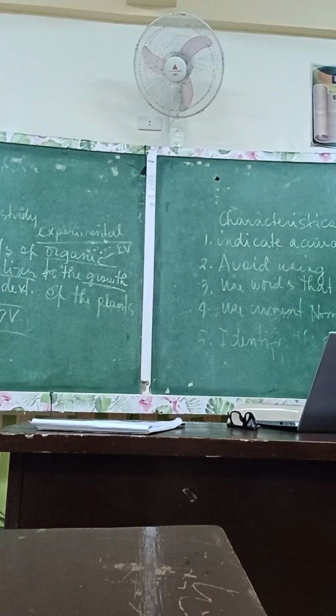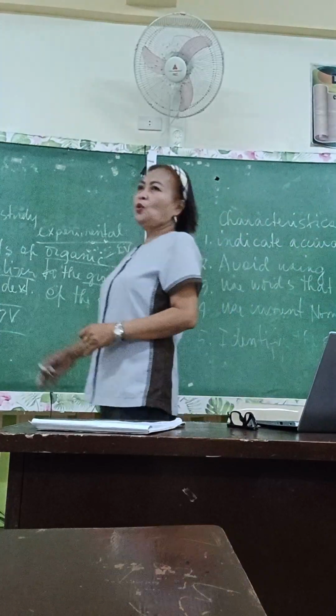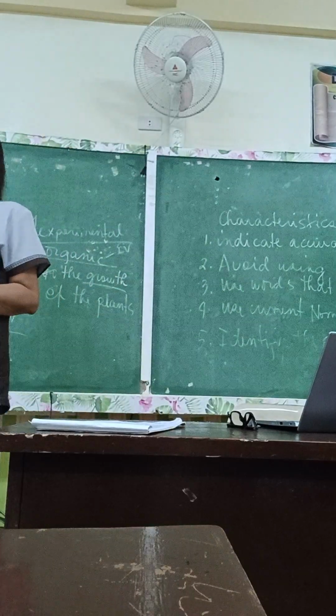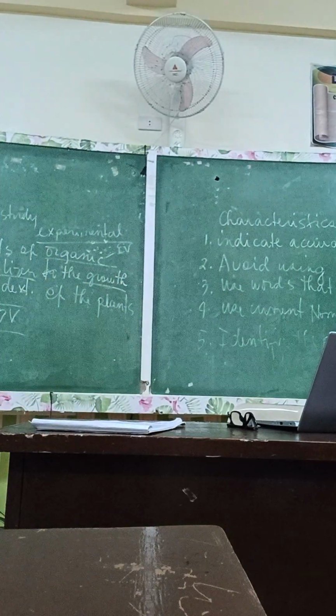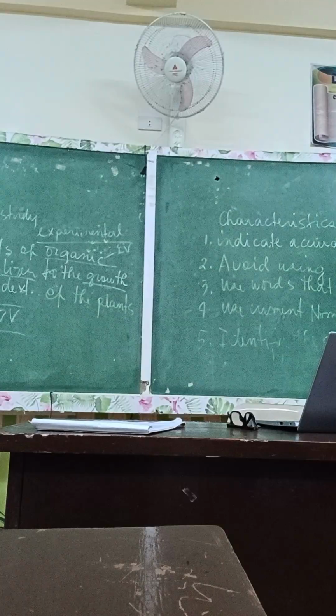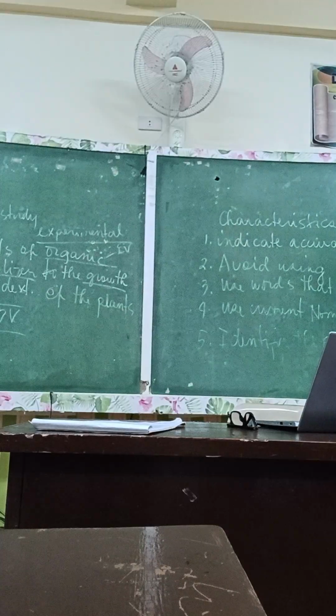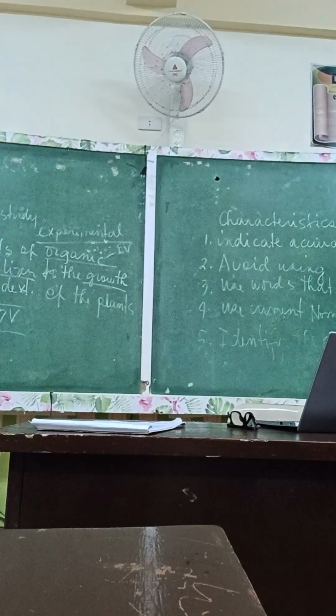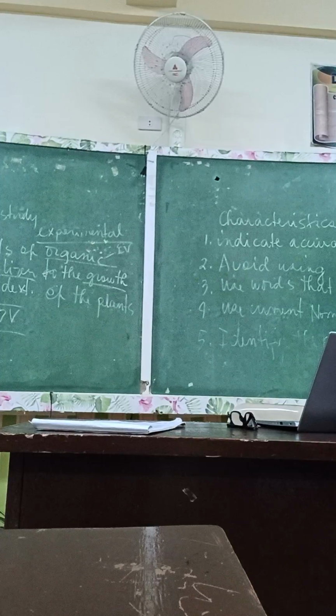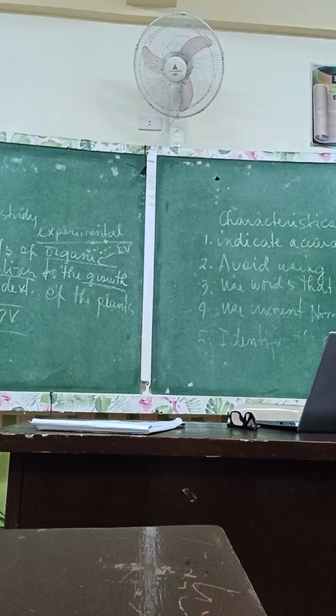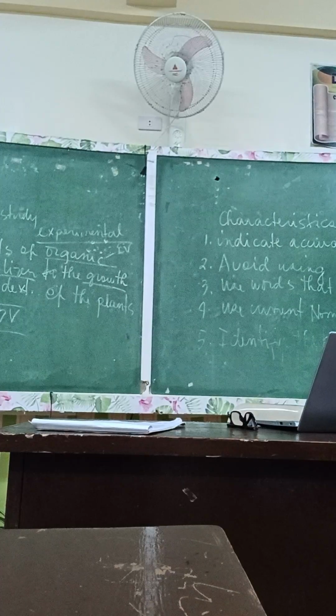So what does it mean? We do not abbreviate the title or the words in the title of the research. Okay, next. Use words that create a positive impression. Yes.